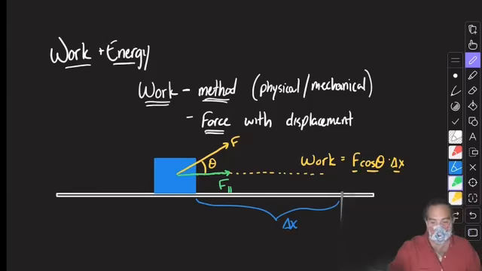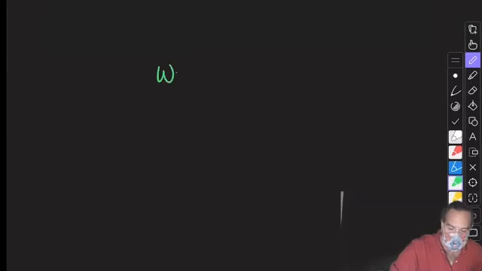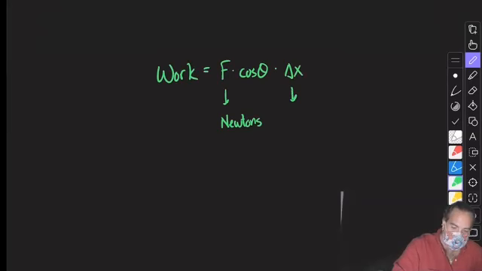And we have to take a brief aside for just a minute to talk a little bit about this formula. So let's do that for just a minute. This is about units. First, force is in newtons, and displacement is in meters.